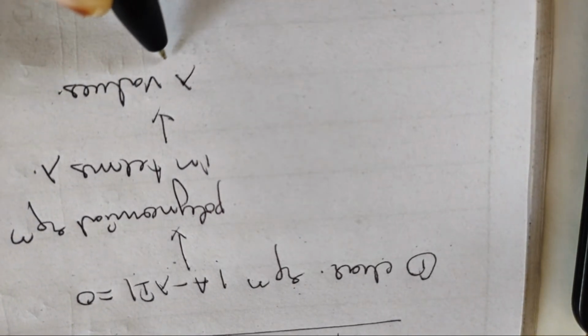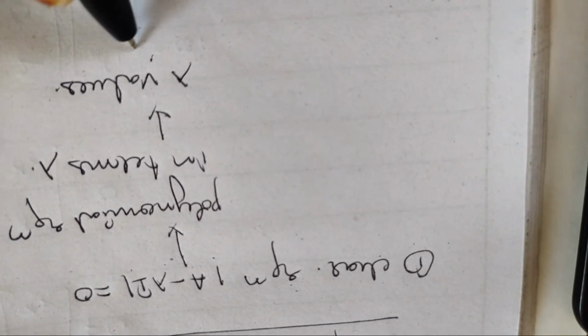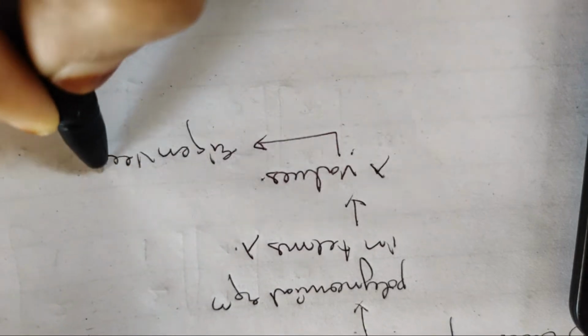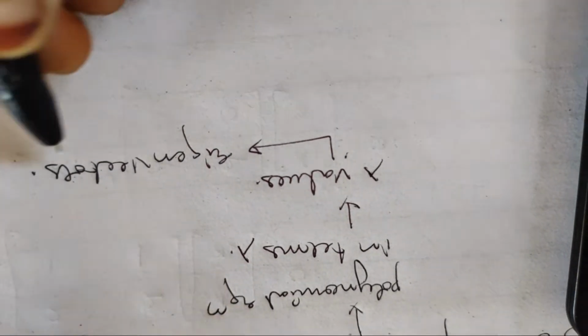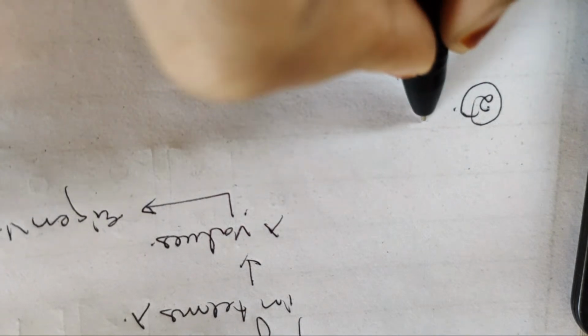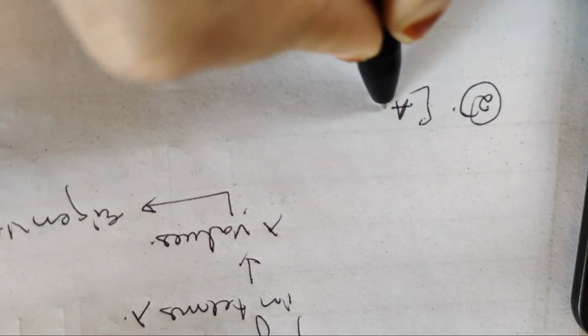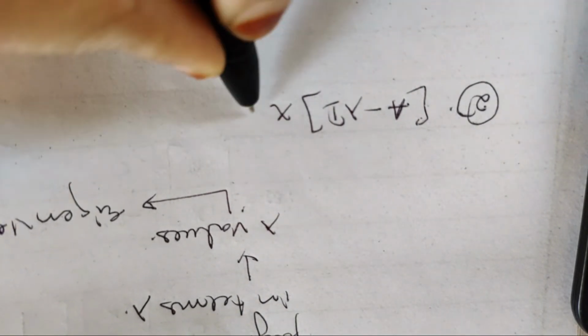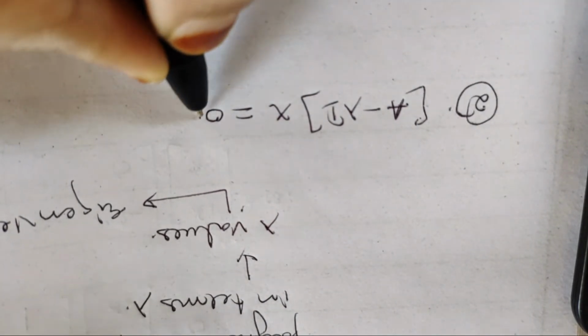These lambda values are known as eigenvalues. Then after that we are going to proceed to the second step for finding the eigenvectors: the matrix A minus lambda I into X, which is equal to 0.